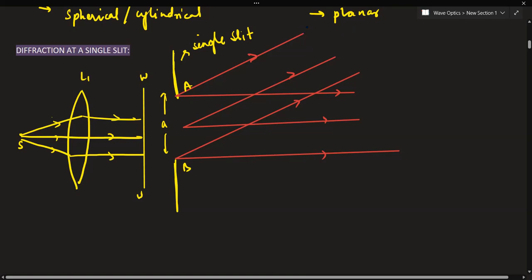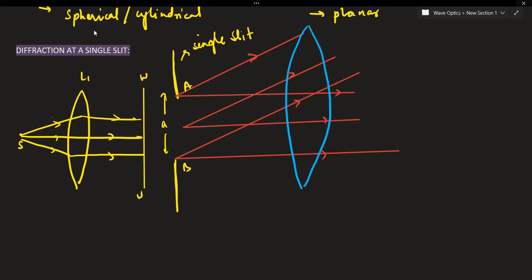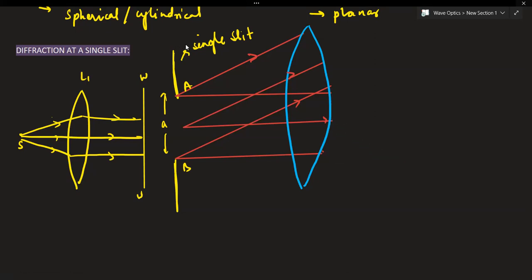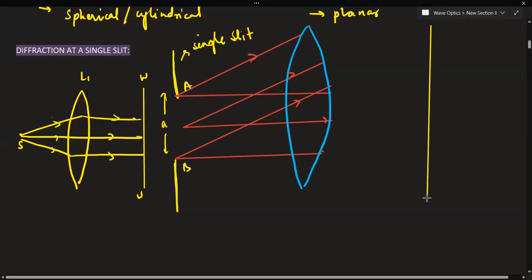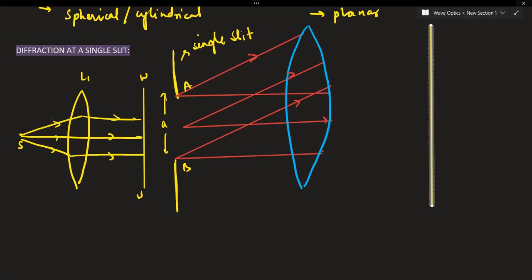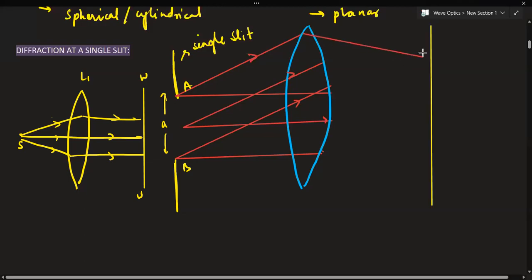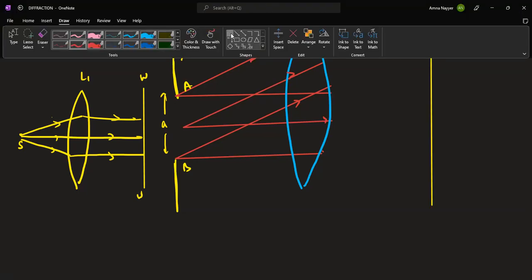If I place a convex lens of larger aperture, and this is the final screen, now see what will happen. According to the property of the convex lens, these will converge at a particular point.